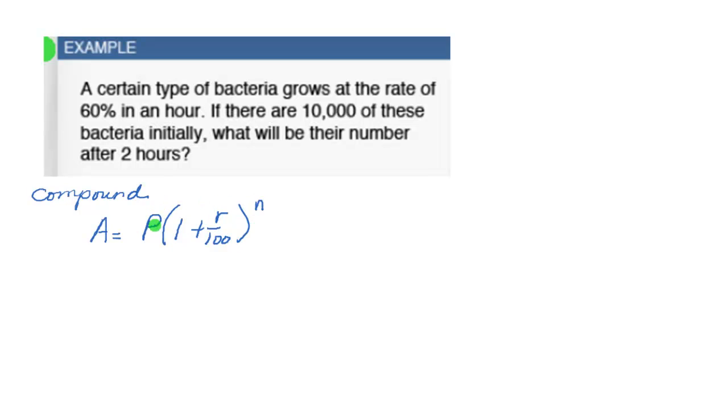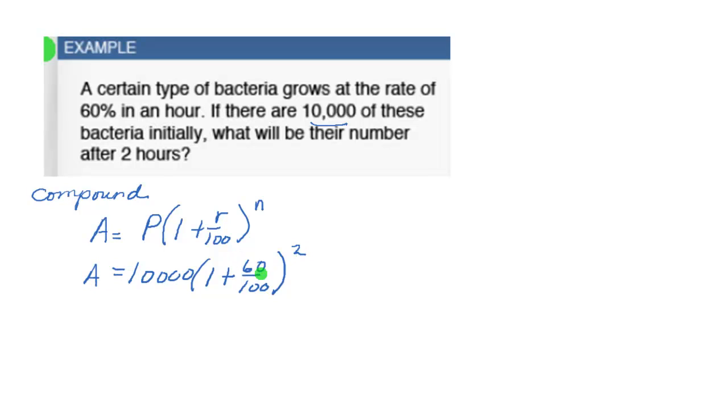P is your original population, that's your 10,000. Your rate is 60%, so 60 over 100. And your N, now we're talking hours, so we're looking at it for 2 hours.